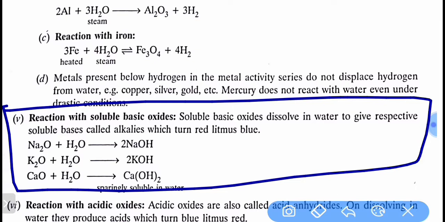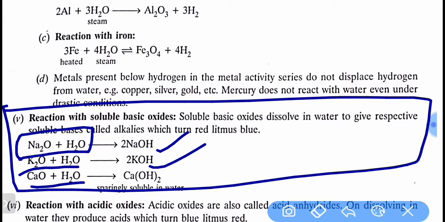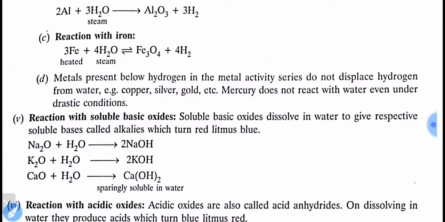Basic oxide Na2O, sodium oxide, when reacting with water forms sodium hydroxide. Same as potassium oxide forms potassium hydroxide, and calcium oxide forms calcium hydroxide. Calcium hydroxide is sparingly soluble in water, while the others are soluble in water.